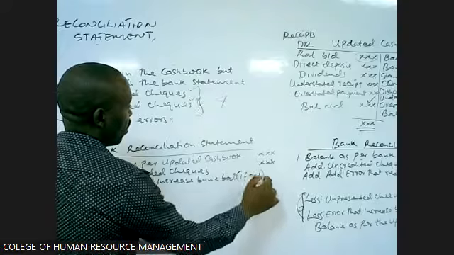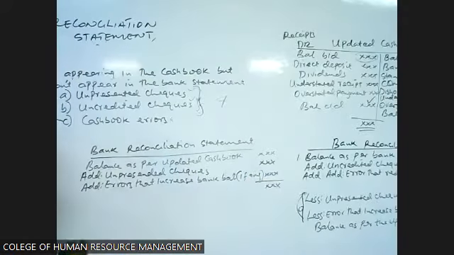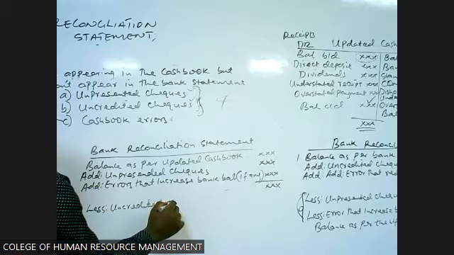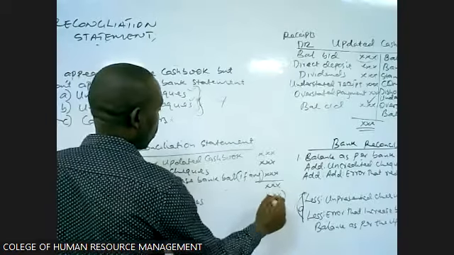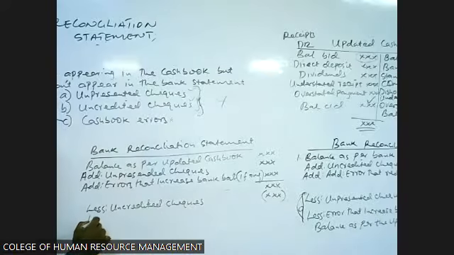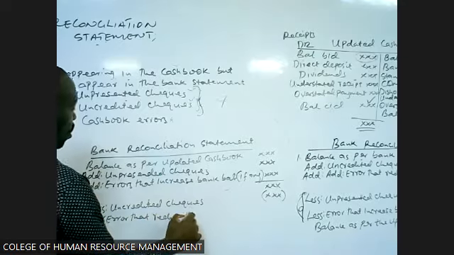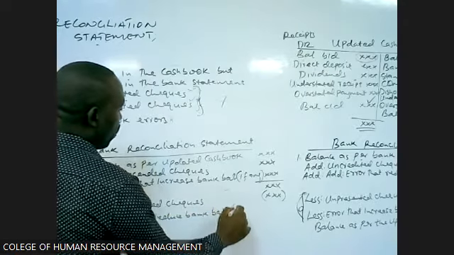If any. You get a figure there. Then you subtract uncredited checks. Also subtract errors that reduce bank balance, if any.